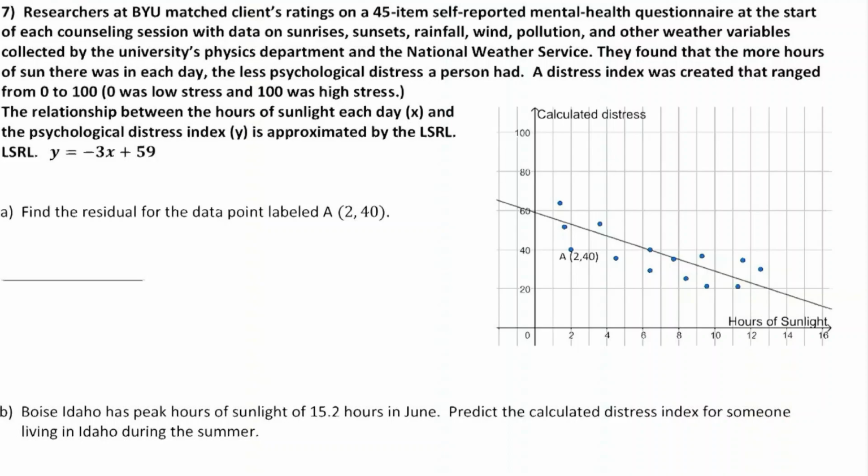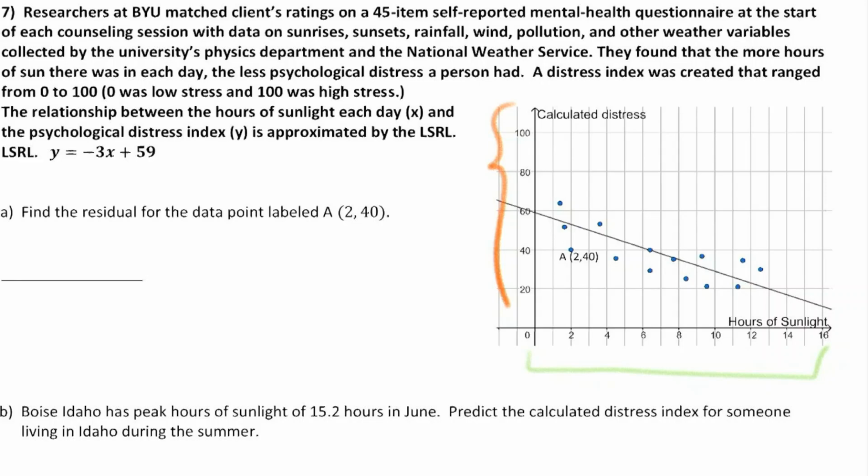As I read this, I'm looking at the diagram, and I can see that on my y-axis, I have this calculated stress index that's ranging from 0 to 100. And on my x-axis, I've got hours of sunlight, and it's anywhere from 0 to 16. And it can happen, like winter in Alaska.